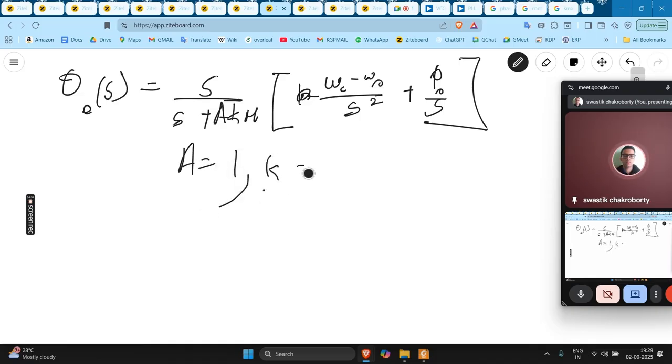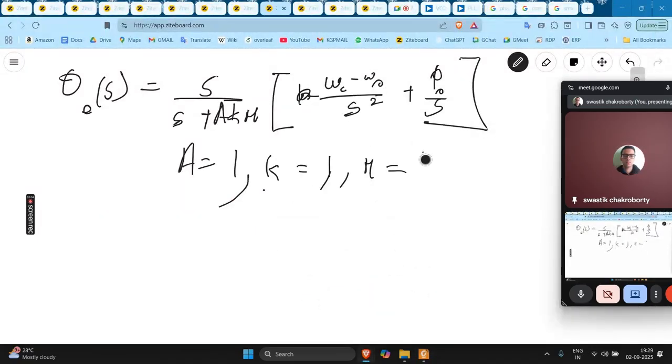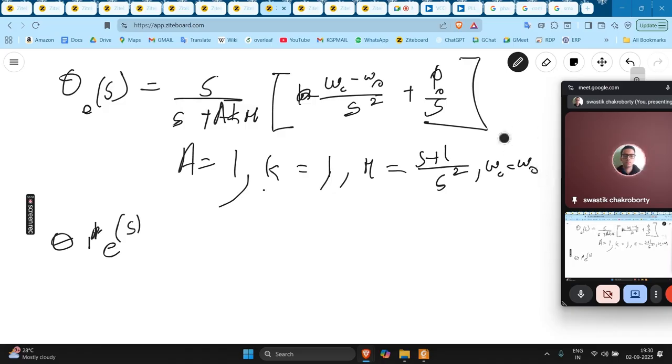Other things remaining constant, a is also 1, but h here is (s plus 1) by s square. So theta es becomes, and omega c is equal to omega naught as theta i t, the input phase is omega ct plus phi naught.